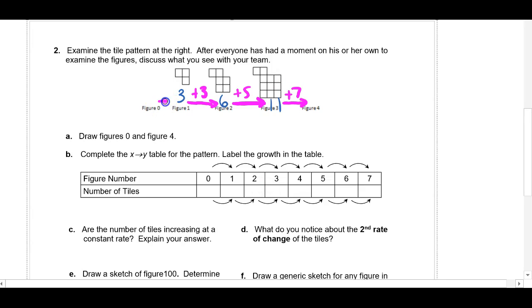That means the first one increased probably plus 1, because there's a pattern: 1, 3, 5, 7. Plus 1, plus 3, plus 5, plus 7. So if the first one increased by 1, then figure 0 had to be 2. And the last one, figure 4, went from 11 and added 7, so now it's 18.